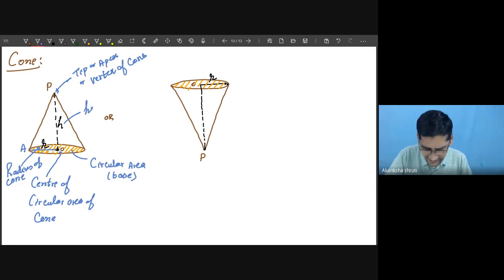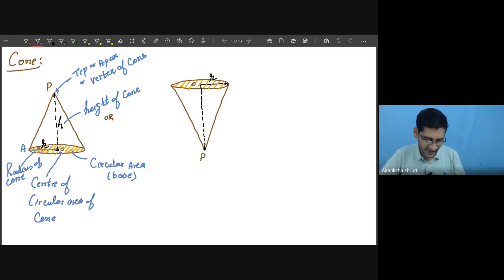Now R is on the base, the circular area, and H is from the center of the circular area to P, inside the cone.